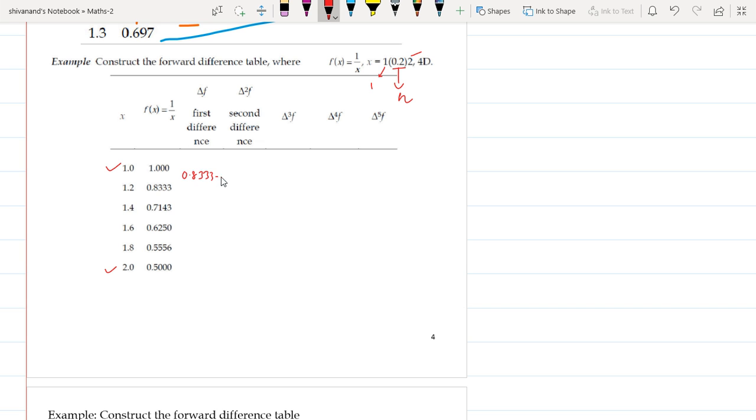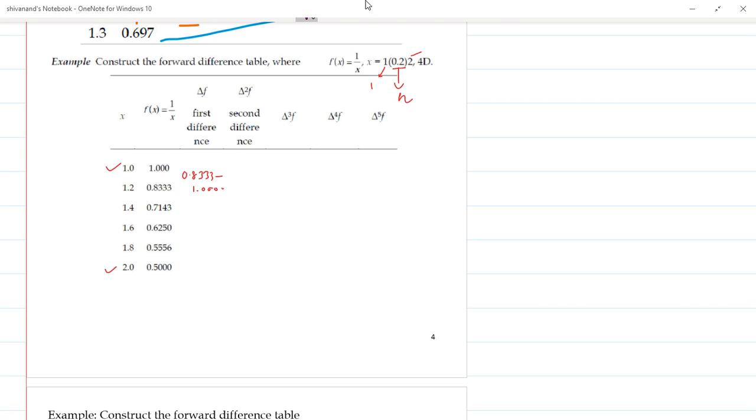So now what is the difference? First difference: 0.8333 minus 1.000. Please write that difference, right?